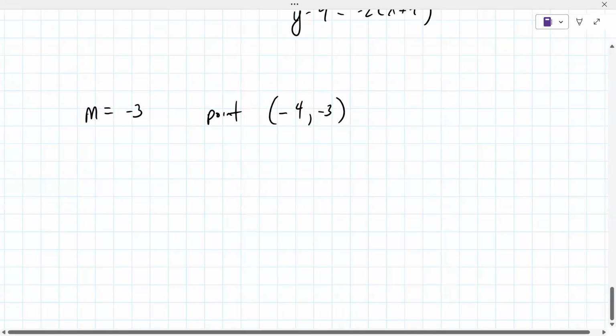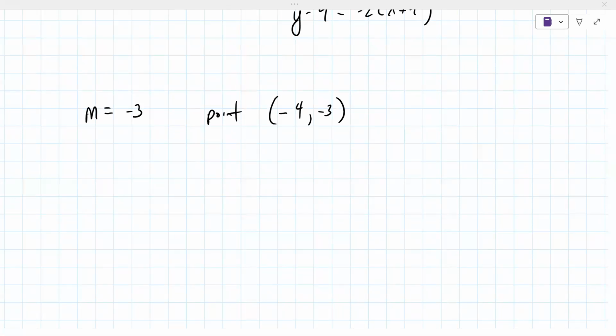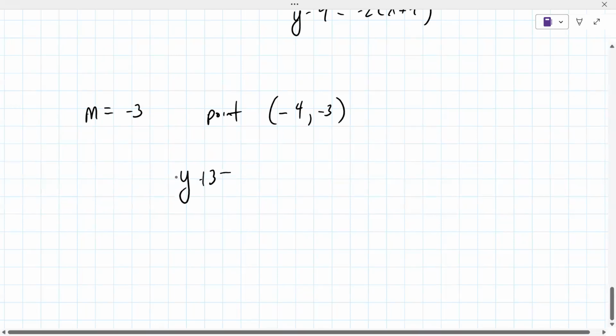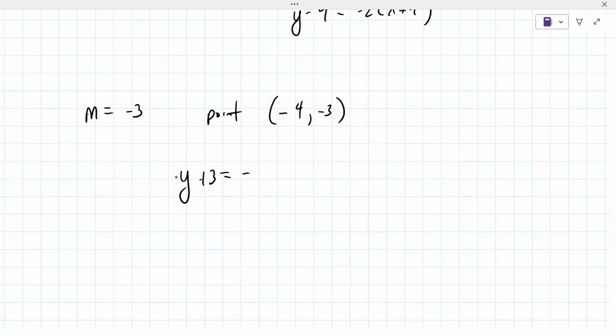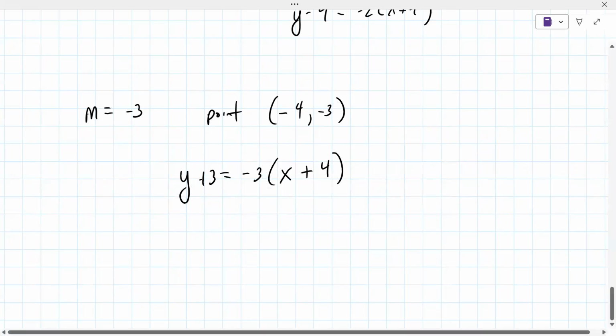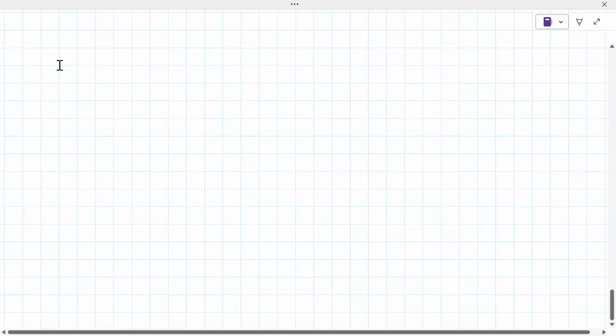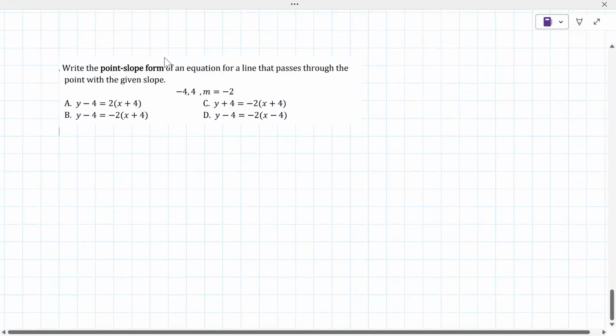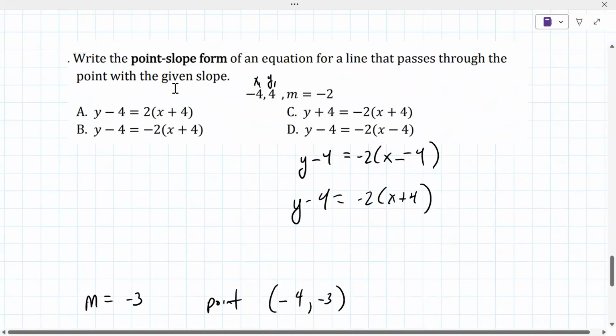y plus 3 equals negative 3 in parentheses x plus 4. Very good. All right. So now the more difficult problem here is if I give you the equation.